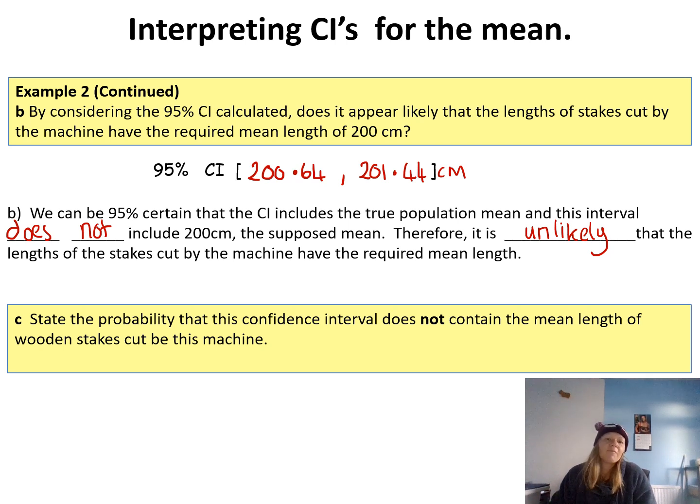Well, if we're 95% sure the mean is in there, then there's a 5% chance it's not. So not every confidence interval will have the true population mean in it. And if we're using 95%, there's a 5% chance that it won't contain the population mean.